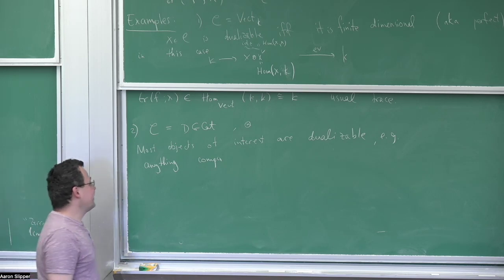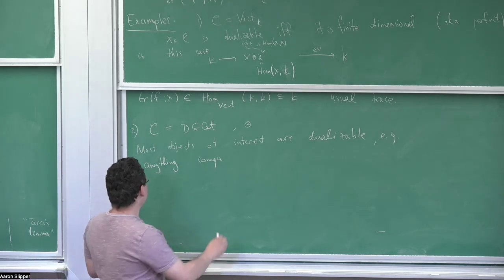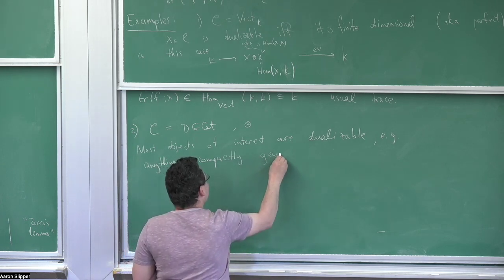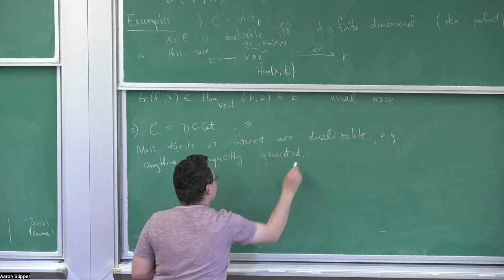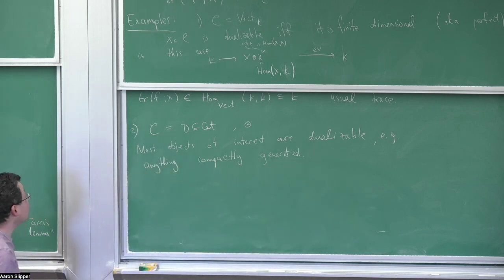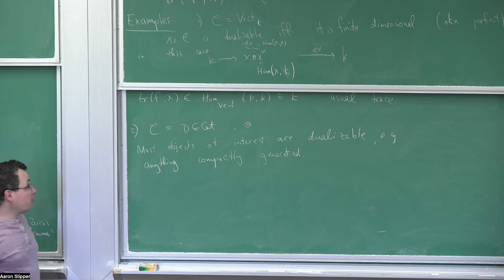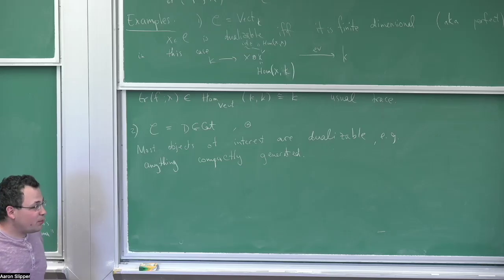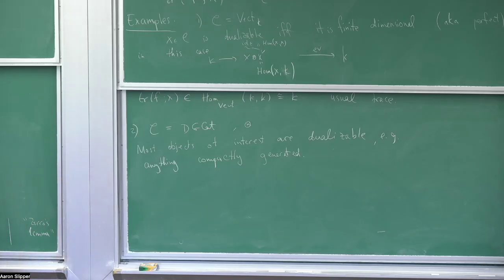There is a rich theory of dualizable categories, and importantly, pretty much all the ones we're going to encounter are compactly generated. There are some interesting examples of dualizable things that are not compactly generated, but that's not relevant for this business.